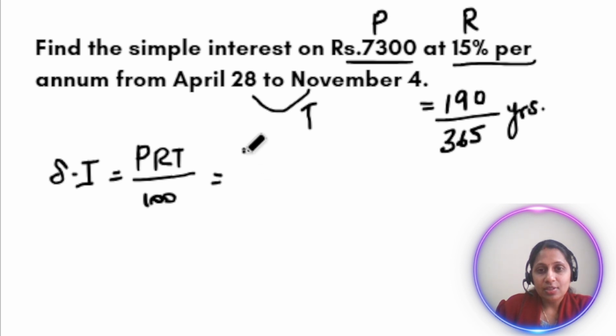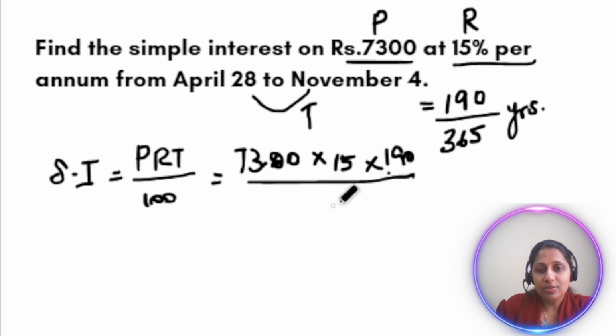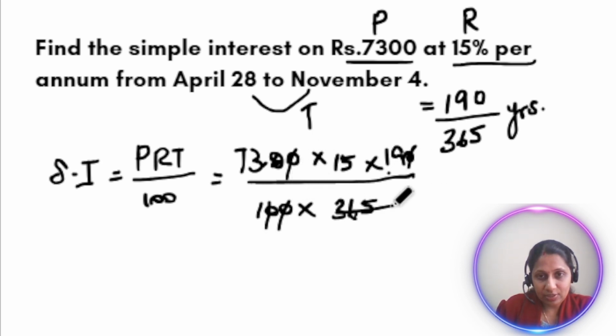So which is 7,300 times your R, 15, times 190 by 365, and the denominator we already have 100. So let's cancel out these two zeros. So this is 73, so this is 3 times, and this is again 1 time.